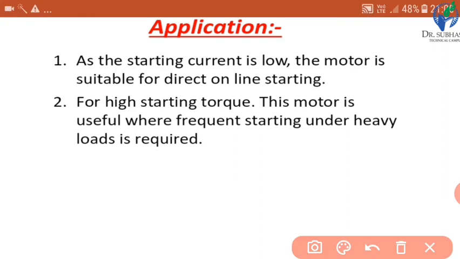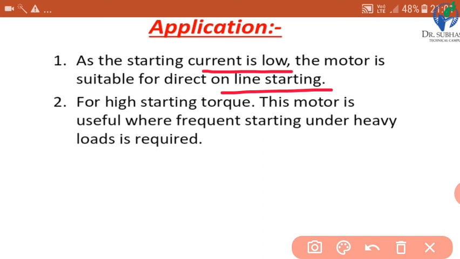Applications. As the starting current is low, the motor is suitable for direct online starting. For high starting torque, this motor is useful where frequent starting under heavy loads is required.